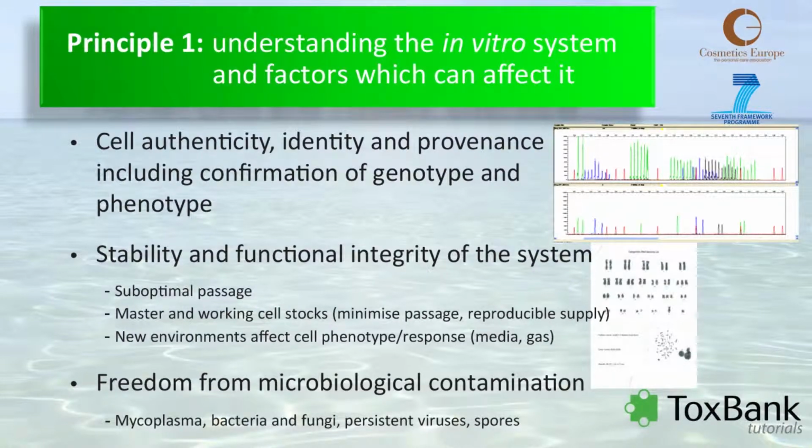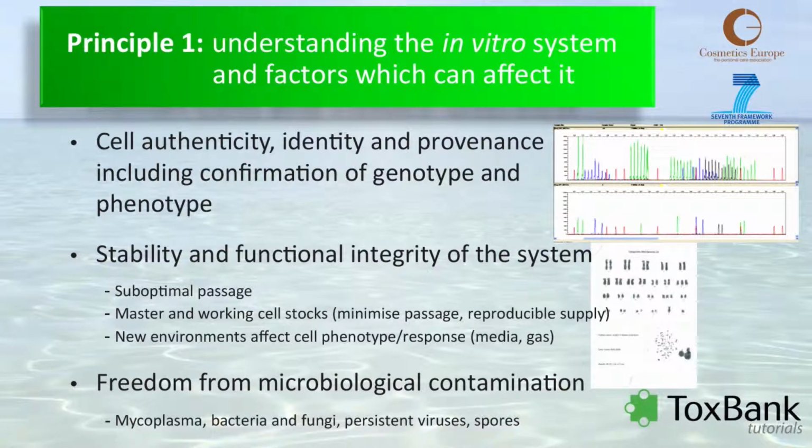Finally, in this section, it's also important to recognize that new cell culture environments and culture conditions can have significant effects on the cell phenotype and their response to compounds. This may include changes in the media composition or growth factors, levels of serum supplements, gas levels in the cell culture environment, and obviously the temperature of the cell culture environment.